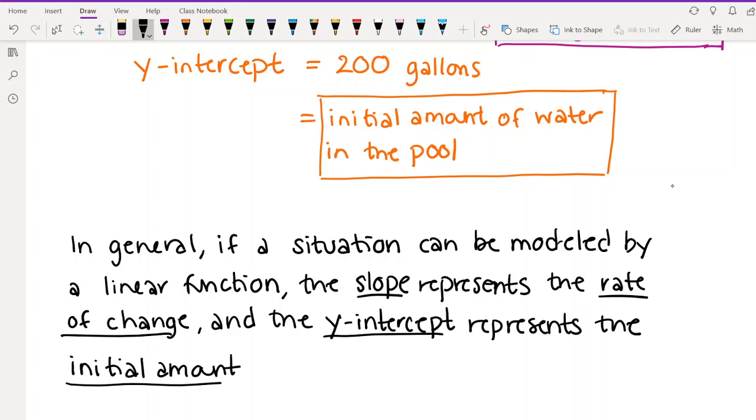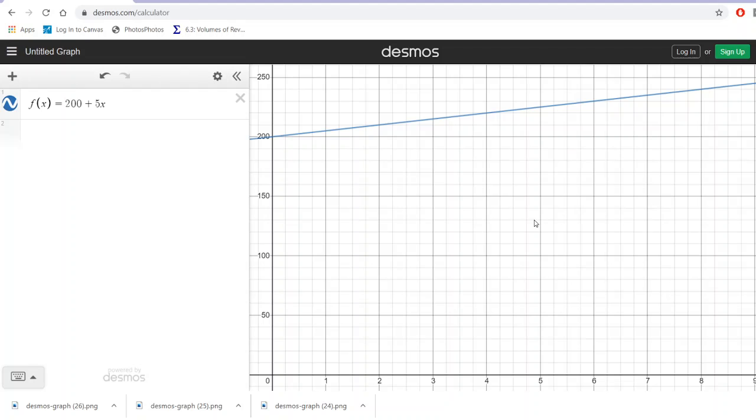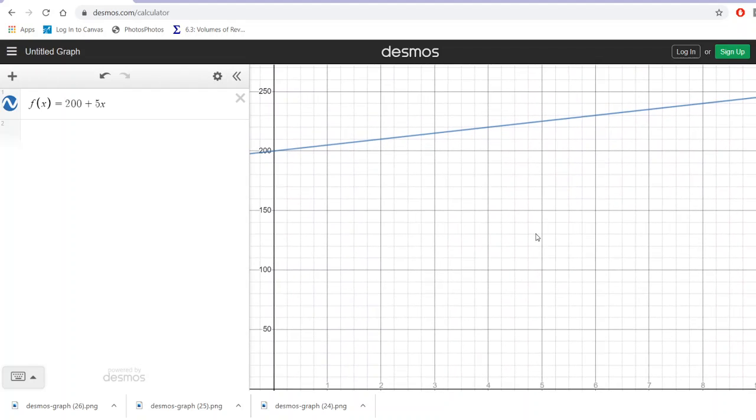Oh, and actually, I didn't pull up the graph, so let me just quickly show you the graph of this pool filling function. This is what that graph looks like. f of x is equal to 200 plus 5x. You can see that 200 is our y-intercept, the starting point of the amount of water.